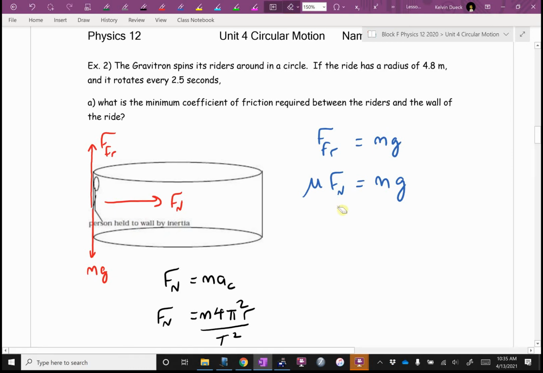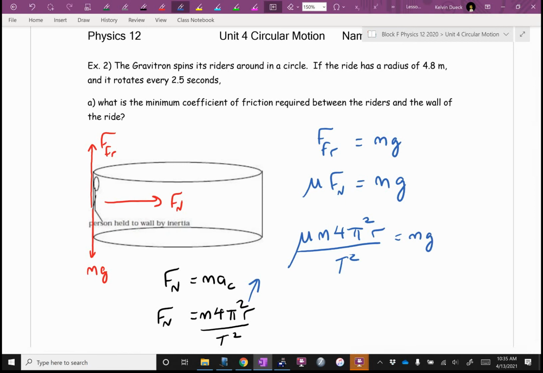So I'm going to replace the Fn with m 4 pi squared r over t squared. The mu is going to drop down like a domino in front of it. I'll get mu m 4 pi squared r over t squared. That equals mg.